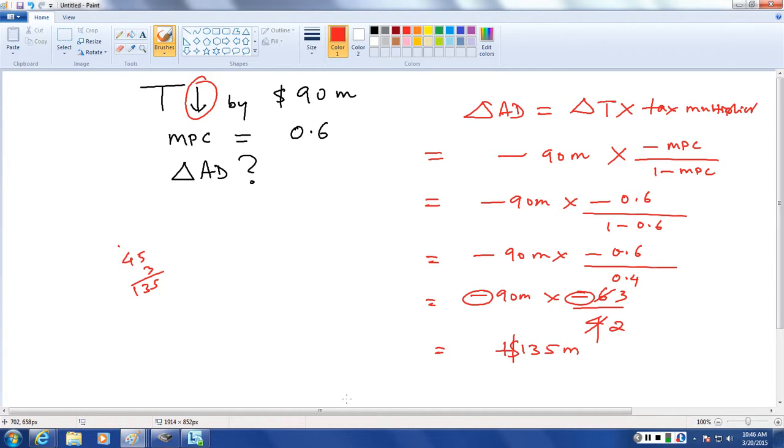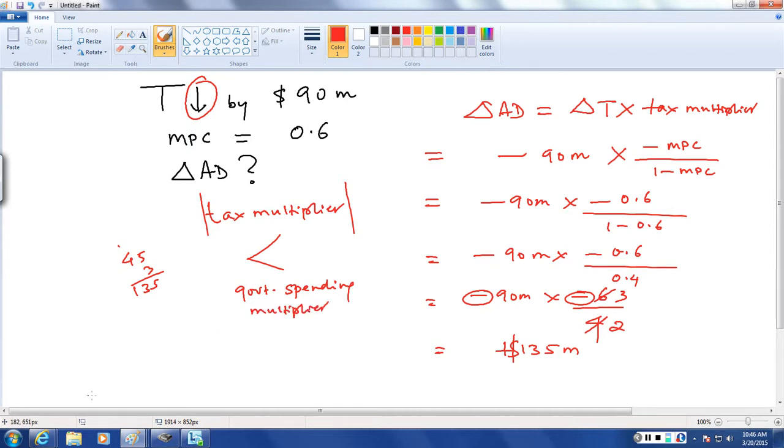Now just bear in mind that the absolute value of the tax multiplier, meaning ignoring the minus sign, is smaller than the value of the government spending multiplier.